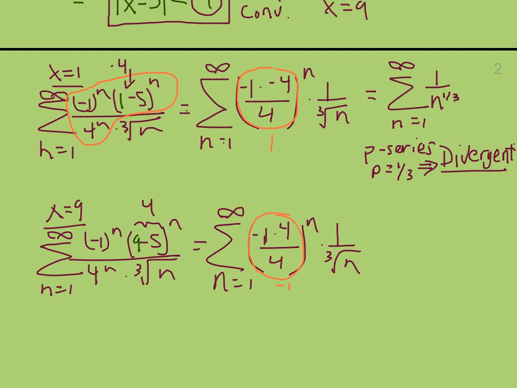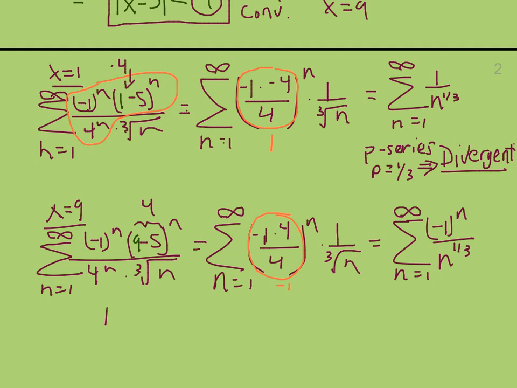It makes a difference. What we're looking at now is a negative 1 to the n over n to the 1/3 power. Alternating.